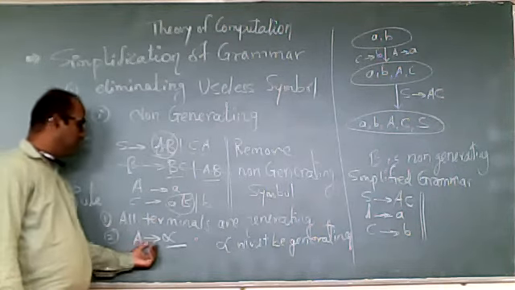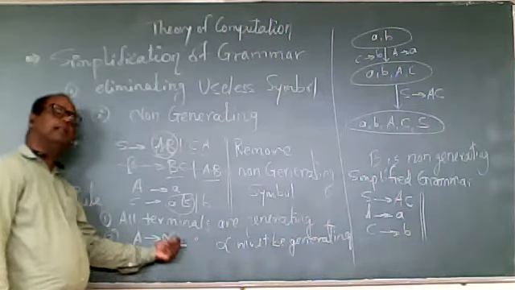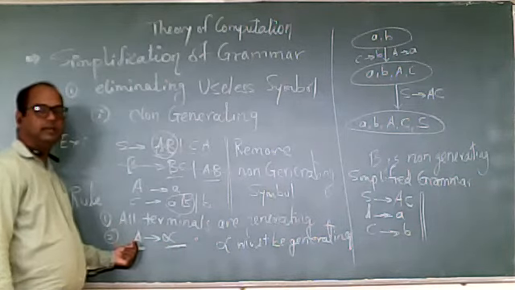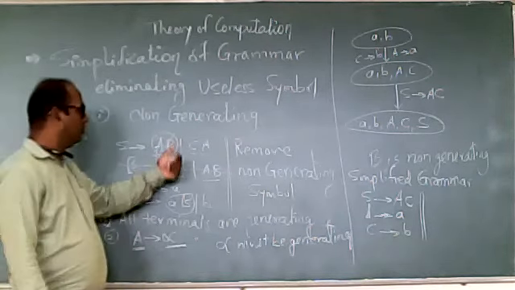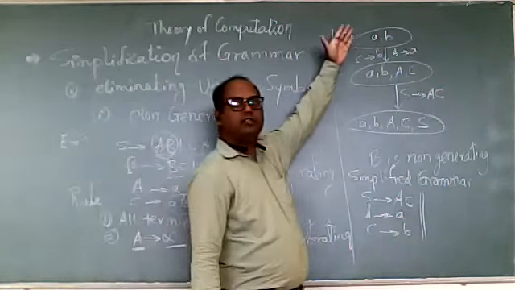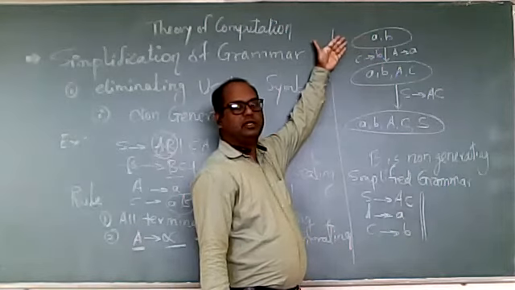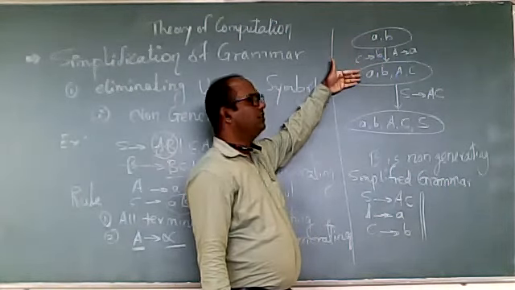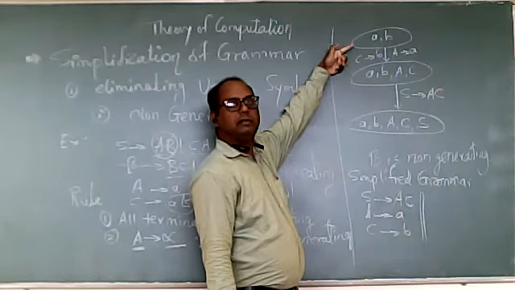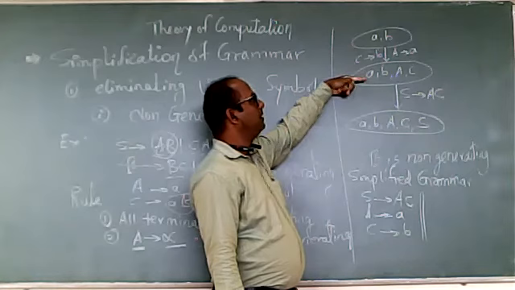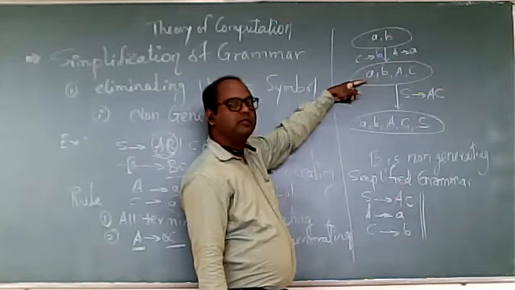Second rule: if the production is like A produces alpha and alpha is generating, then we can say A is generating. With the help of these two rules, we have solved the problem. For these four productions, we started with the initial terminals, and after that found generating symbols with the help of these terminals, and with the help of these generating symbols.